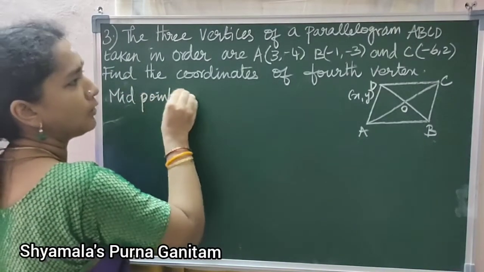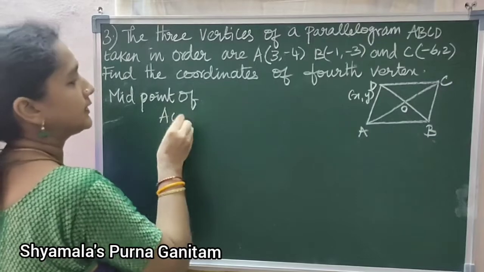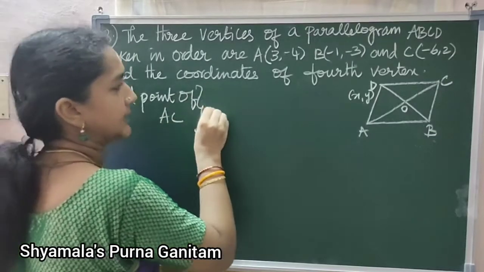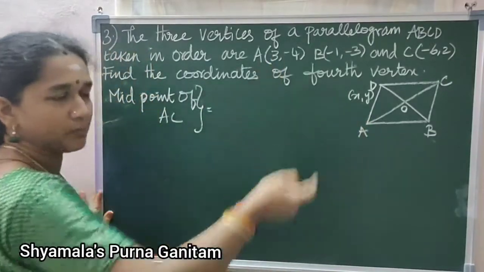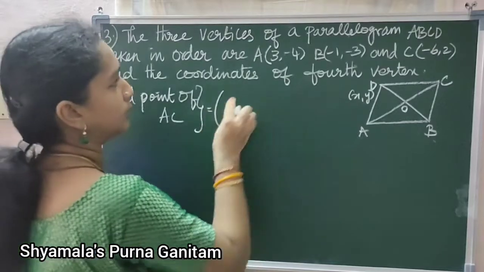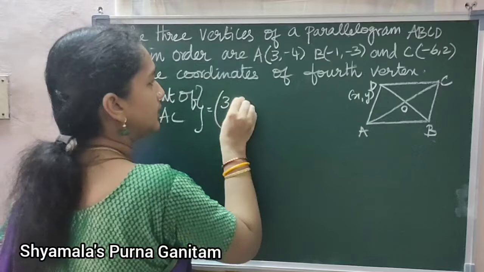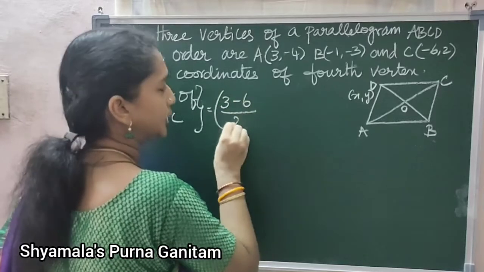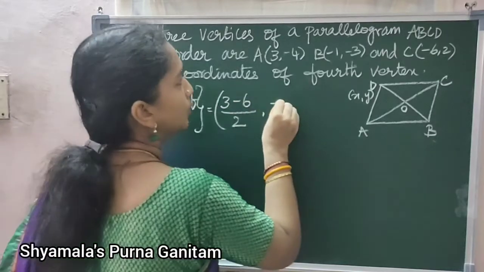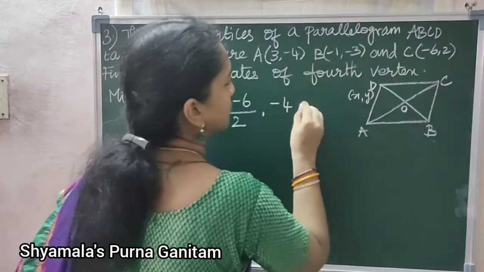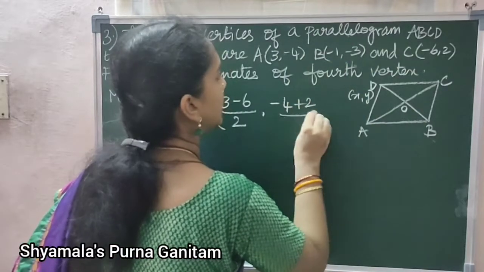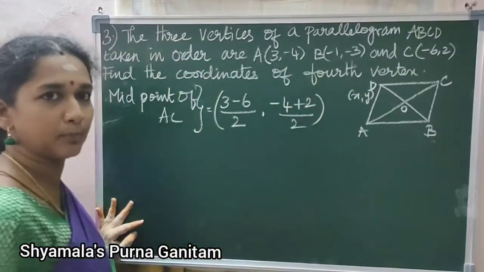Okay. So midpoint of AC. So midpoint of AC is, you take that as x1 plus x2 by 2, y1 plus y2 by 2. So A and C. So x1 plus x2 by 2 and y1 plus y2 by 2. So this is the midpoint.